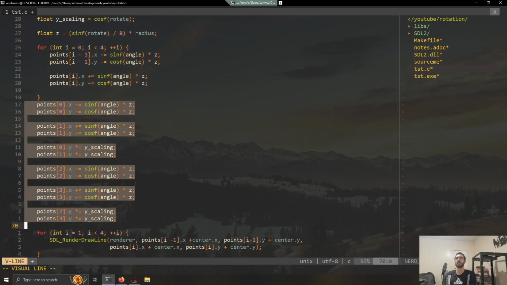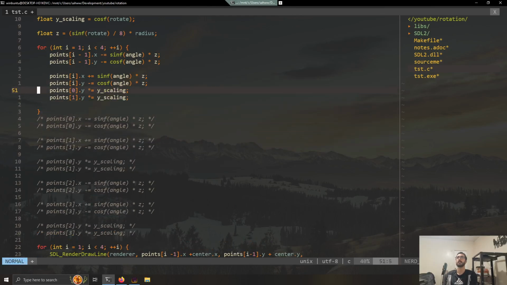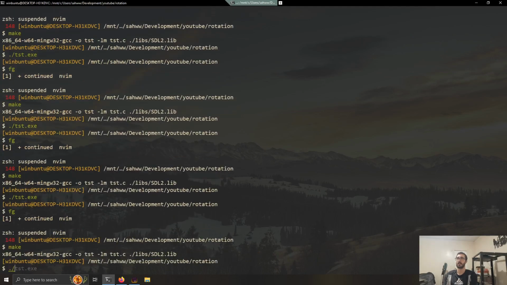Just do that real quick. Make this 1 instead. I think that's good. And then for the Z, yeah, we can do the same thing, kind of. I minus 1 and I, I think, hopefully.